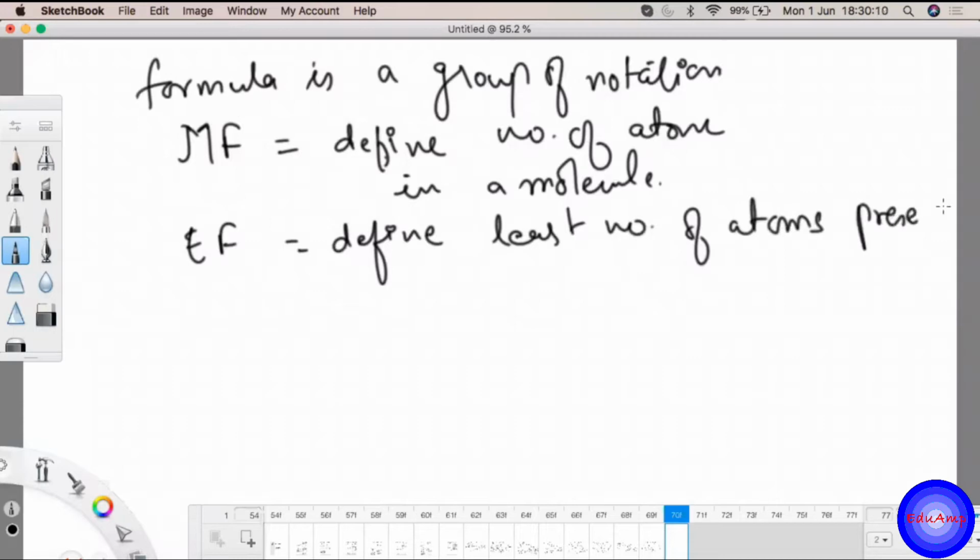These statements are somewhat confusing, but when you solve a question, you will get to know.